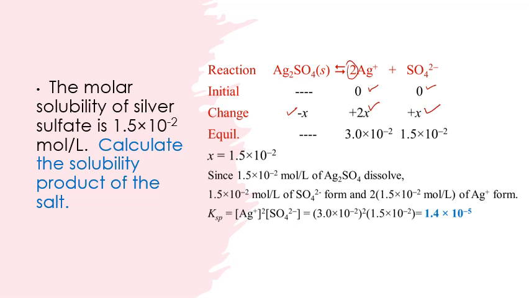All right, so now x is 1.5 times 10 to the power negative 2. So 2x will be 3 times 10 to the power negative 2. And then we can substitute in the Ksp expression. That means silver ion is 3 times 10 to the power negative 2, and sulfate ion is 1.5 times 10 to the power negative 2. Then you will get the same answer. So either you can use the Rice table like this, or you can substitute in the other form.